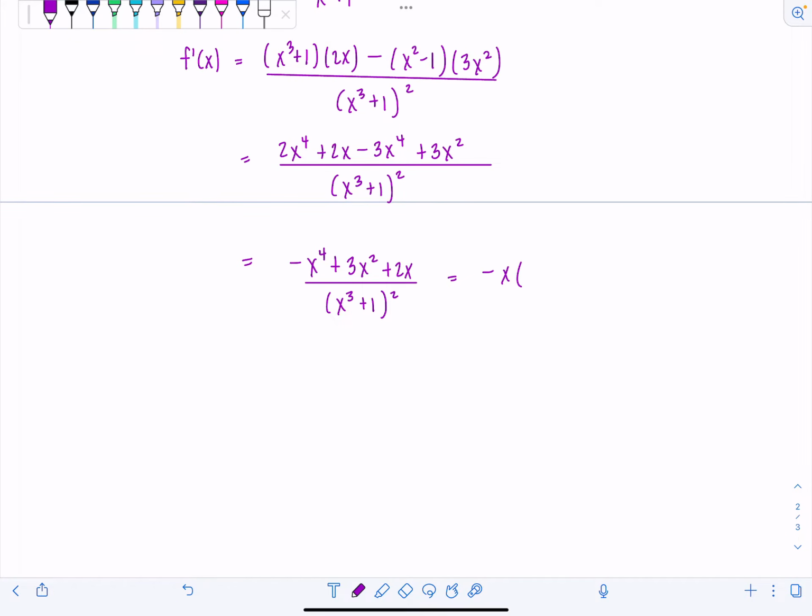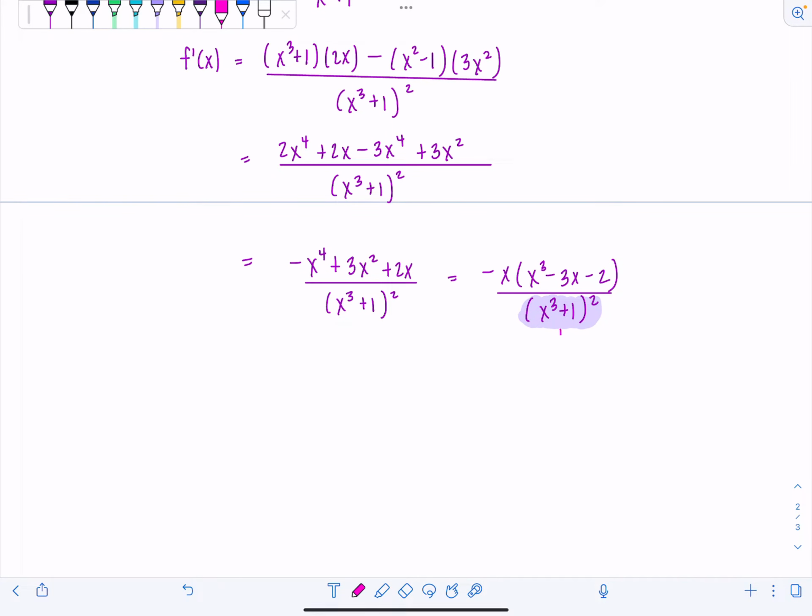And then we're going to be left with x cubed minus 3x minus 2 over x cubed plus 1 squared. I know the denominator is always positive because we've got x cubed plus 1 squared.